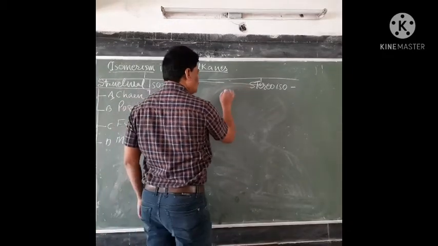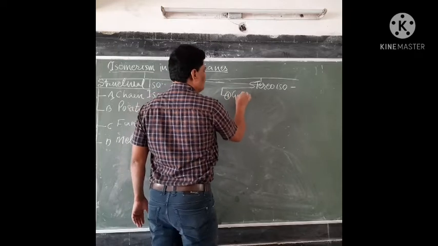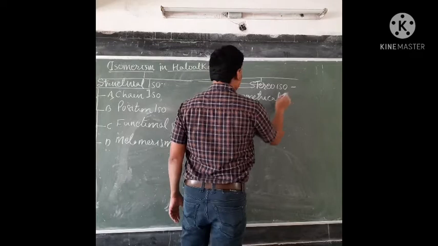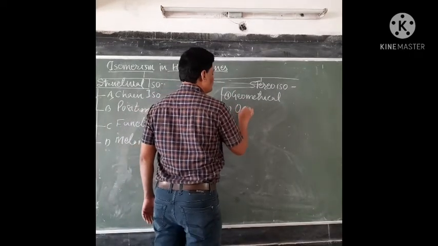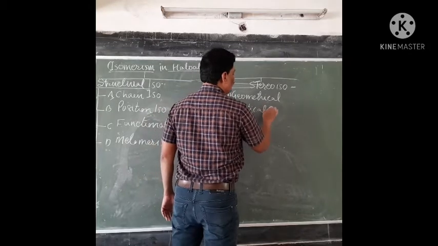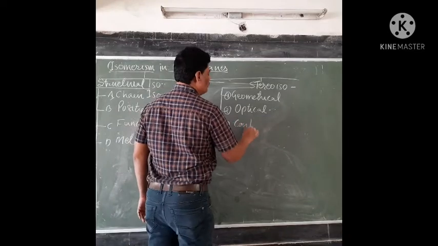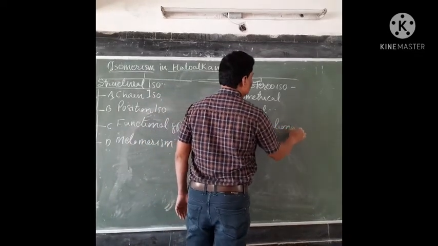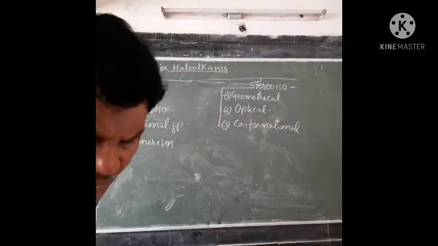Now in stereoisomerism, again, the first type is called geometrical isomerism. Second one is called optical isomerism. And third one is called conformational isomerism.